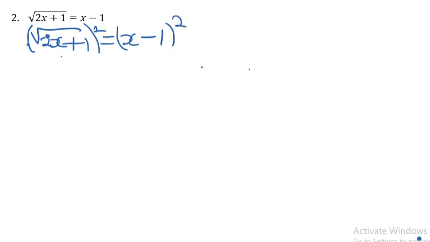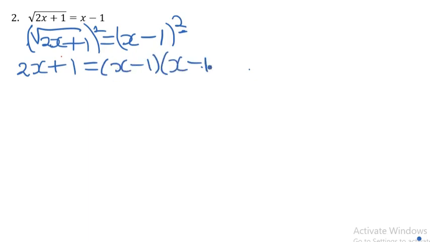Why do we do that? We want to get rid of this square root. The square root will cancel with the square there, so we are left with 2x plus 1, which is equal to, this side we have squared, so we need to expand what we have inside the bracket. We will have x minus 1 multiplied by x minus 1.